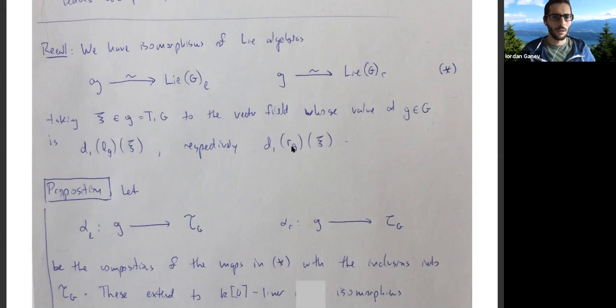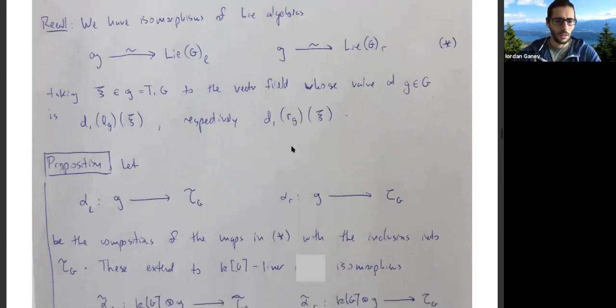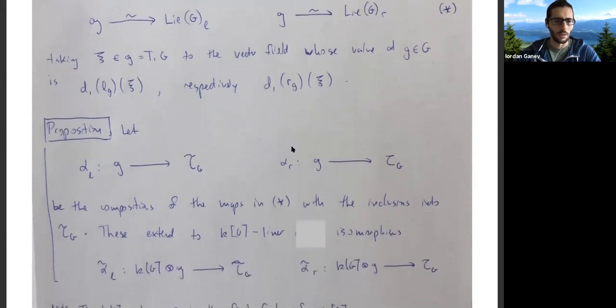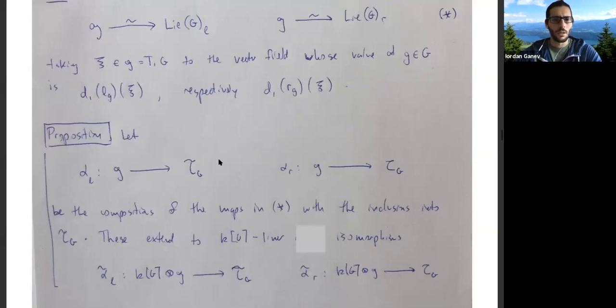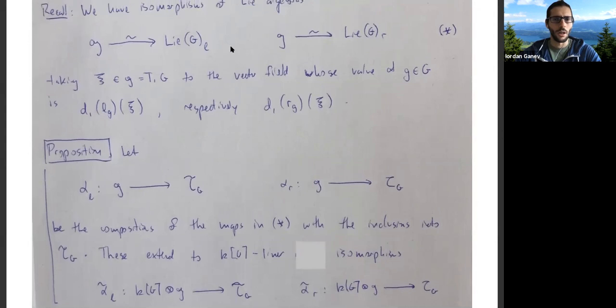Okay, so let me state the proposition, and then we can take a short break. If we have these two maps, then we just include both left invariant and right invariant vector fields inside of all vector fields on G. And so we get these maps alpha L and alpha R, which are maps of Lie algebras.